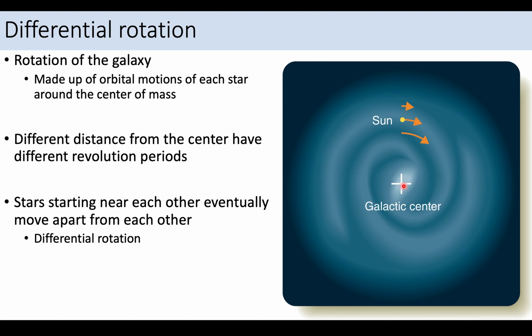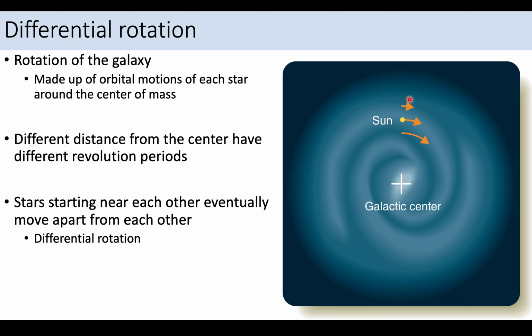The distance from the center of the galaxy determines the revolutionary period, or like your year, sort of, how long it takes to circulate around the galactic center. So stars that are close to the galactic center have a shorter time period to rotate.